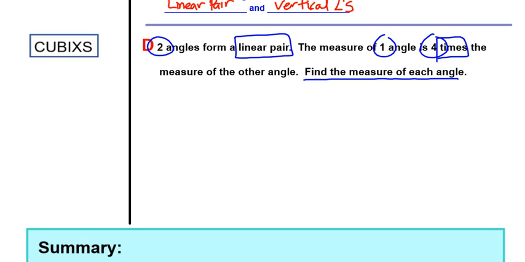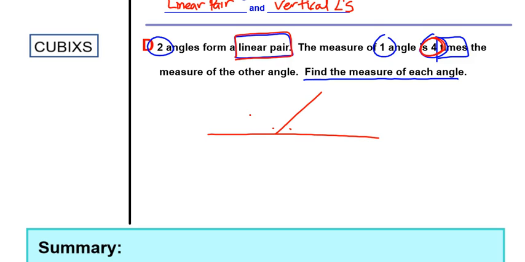So now we have to draw a picture. Well, when they say linear pair, the first thing I would do is draw that linear pair. And it talks about two angles, and that makes sense. There's one angle and there's two angles. And then the second sentence says the measure of one angle is 4 times the measure of the other angle. One of those angles is larger than the other. How large? It is 4 times as large.